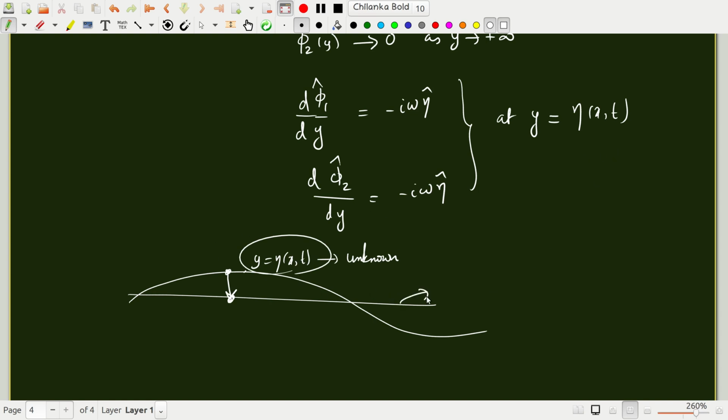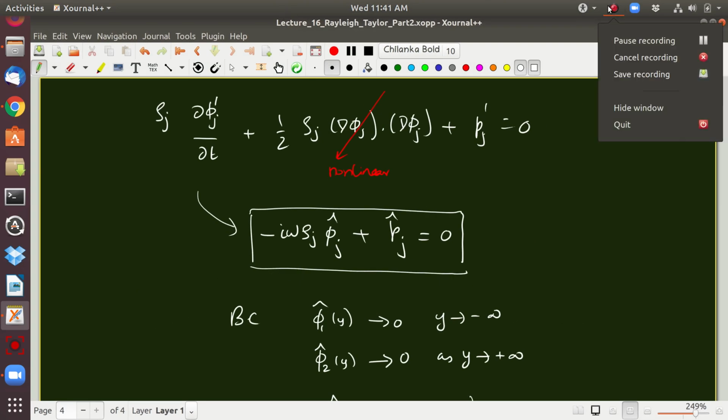But the advantage is that you will be able to apply the boundary condition at y equal to 0, which is a known boundary. Okay, this is a very standard technique that is used in interfacial instabilities. I will explain this in the next module in a lot more detail, how to do the linearization of the interfacial conditions. I will stop here at this point and we will continue in the next module. Thank you.